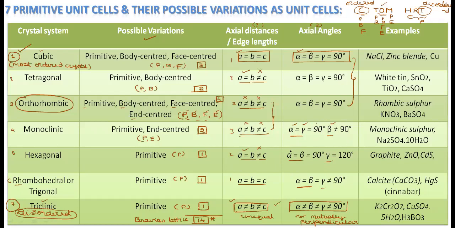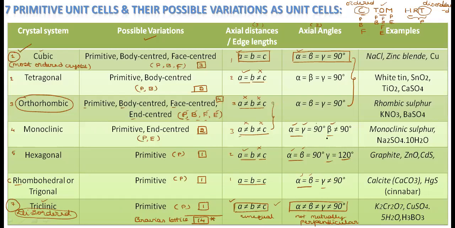Whereas in the next case, hexagonal, alpha and beta are equal to 90 degrees, but gamma is not equal to 90 degrees, and that angle is 120 degrees. And for rhombohedral, alpha and beta are equal to 90 degrees, whereas gamma is not equal to 90 degrees.